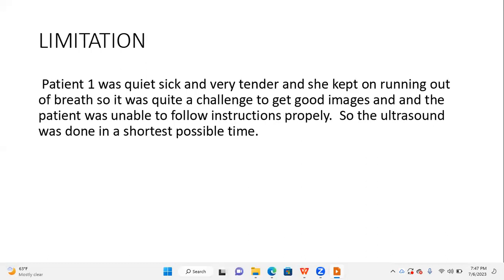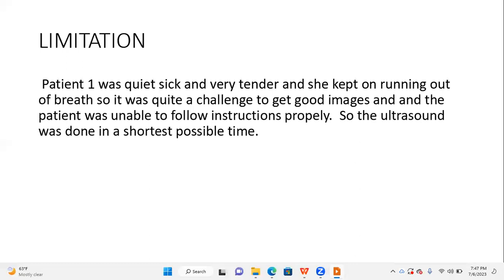So on the limitations, when I was attending to these two patients, I didn't have much challenge with patient 2, but I had challenges with patient 1 because she was quite sick and very tender.